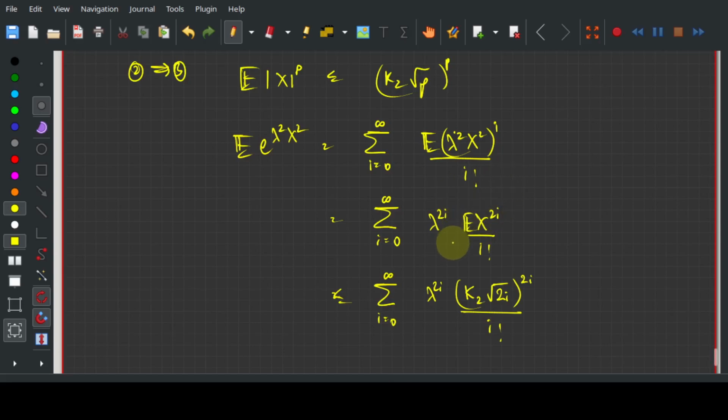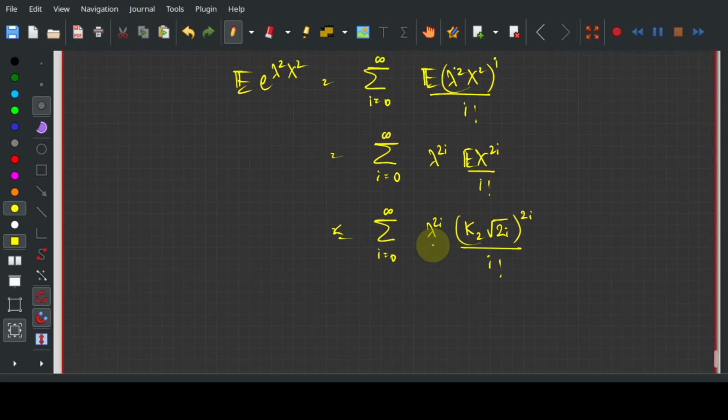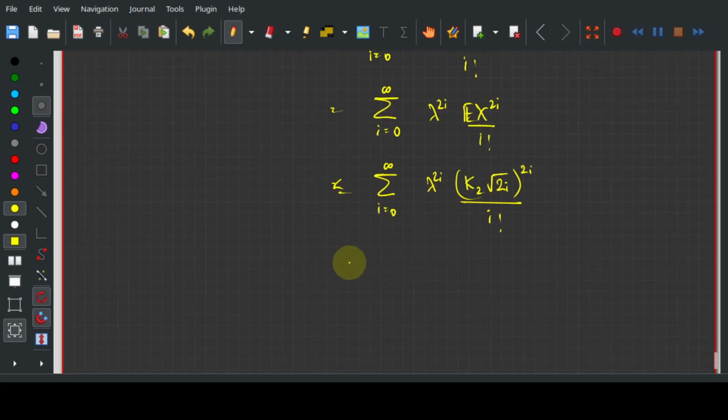Okay, so let's try to do that. That would directly imply the right hand side. So this is less than or equal to summation i equal to 0 to infinity.